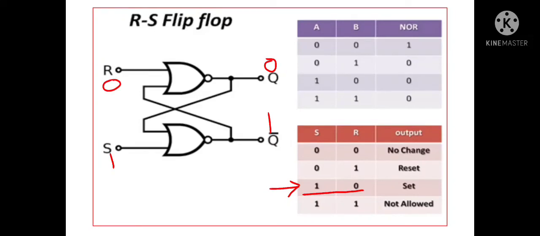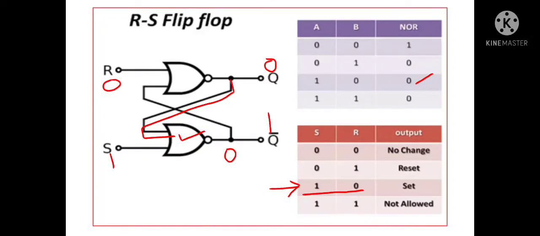So for this condition, come to the input status of this lower NOR gate. Here this first input is 1 and the second input is taken from this output and it is 0. So for this lower NOR gate, one input is 1 and the other input is 0, so its output is 0. So its output is 0, we can show here.